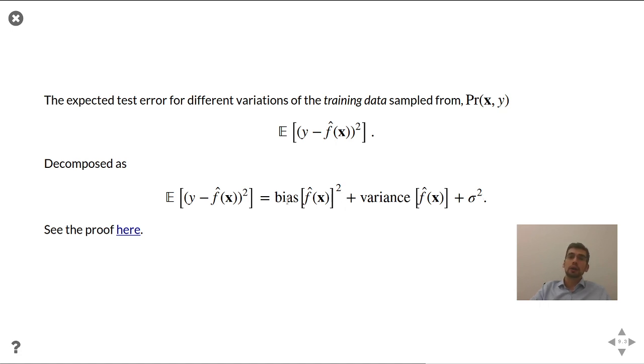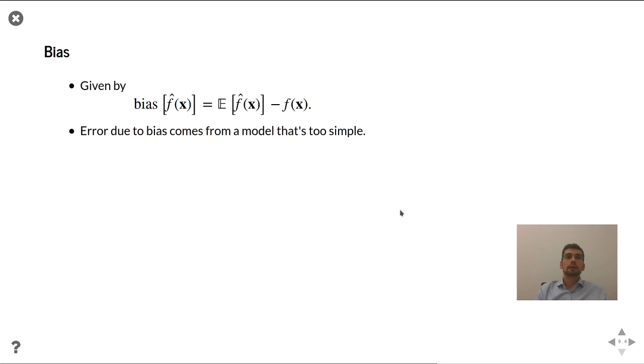And here we have two interesting terms: squared bias and variance. Bias is just the difference between the ground truth function and the expected, the kind of average model, average in terms of averaging models created by fitting on different training sets.